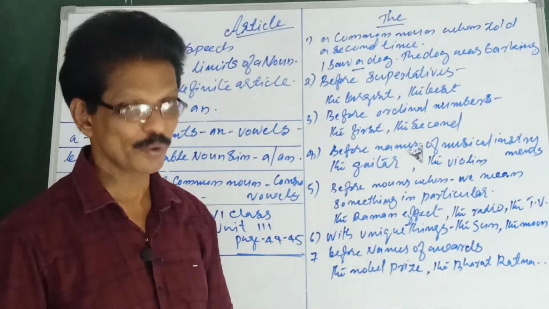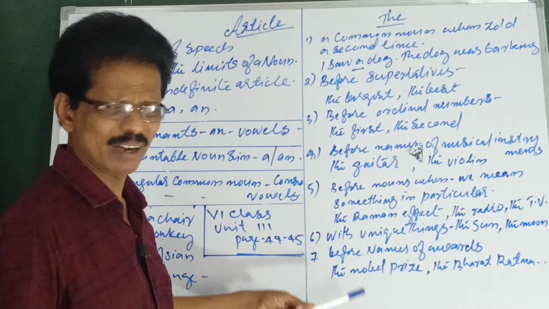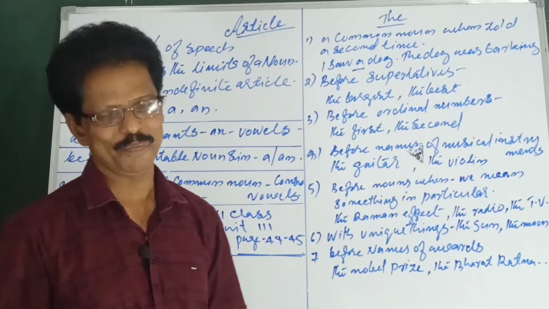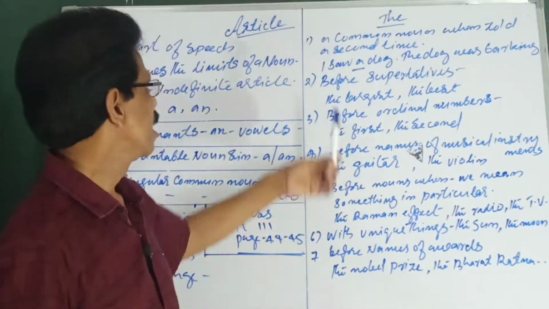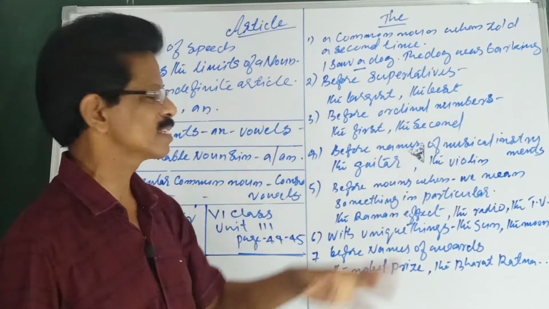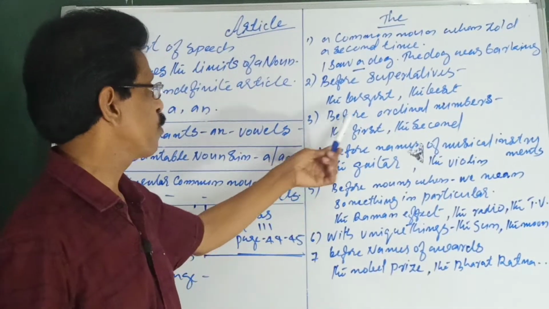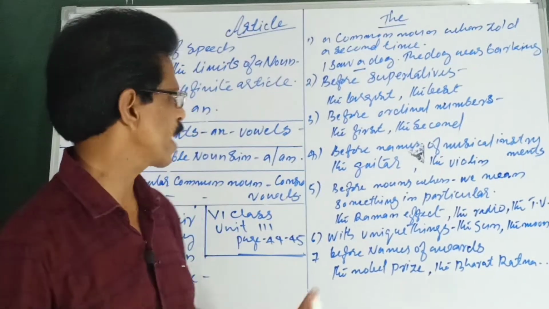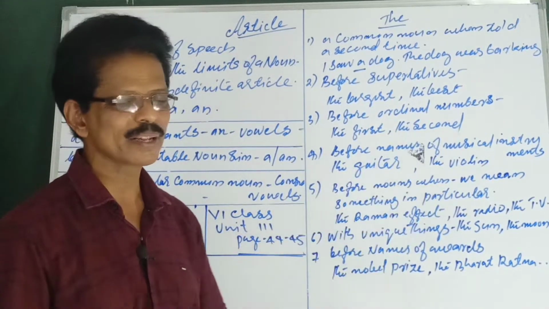Okay, now. So, 7 uses are there in your textbook. What are they once again? All simple. Number 1, a common noun when told a second time: I saw a boy. The boy was from Rajasthan. Number 2, before superlatives: the largest, the best, the tallest, the cleverest, the most intelligent. Number 3, before ordinal numbers: the first boy, the first prize. Number 4, before names of musical instruments: the guitar, the violin, the harmonium.